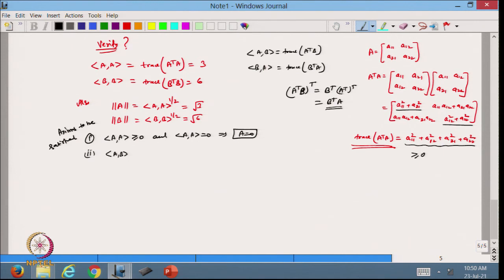And we also know that the trace is just a matter of the elements on the diagonal, and when we take the transpose, the diagonal elements are not going to change. So we also know that the trace of some matrix A transpose is always equal to the trace of A, that we always know.